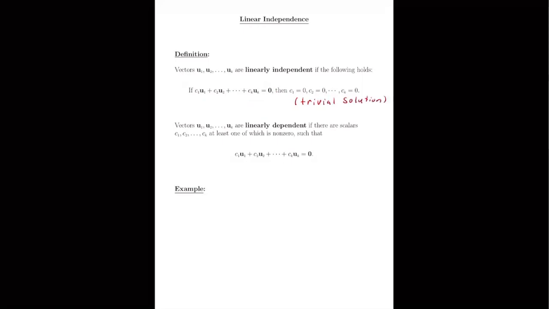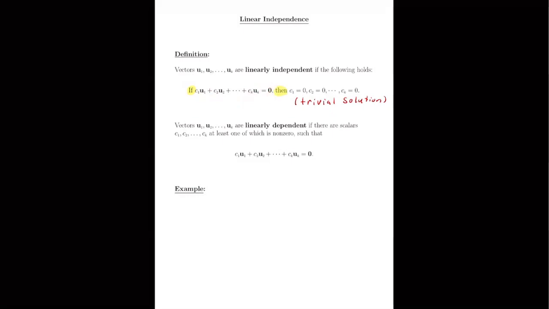Now we have to be a bit careful here. This definition is a little bit subtle. It is an if-then. It's an implication. If this is true, then this is true. Now, certainly, if I take all coefficients to be 0, I'm going to get the 0 vector. This is not special. This is true for all sets of vectors. If you take all coefficients to be 0, you will get 0.